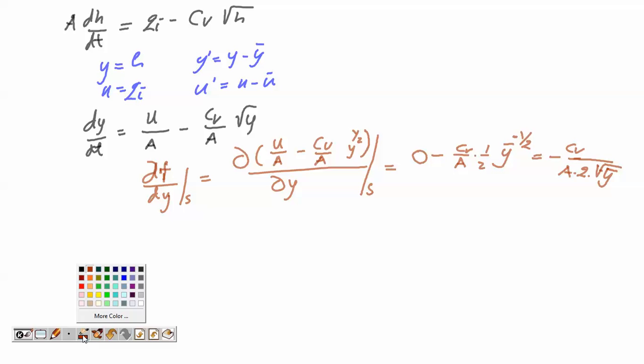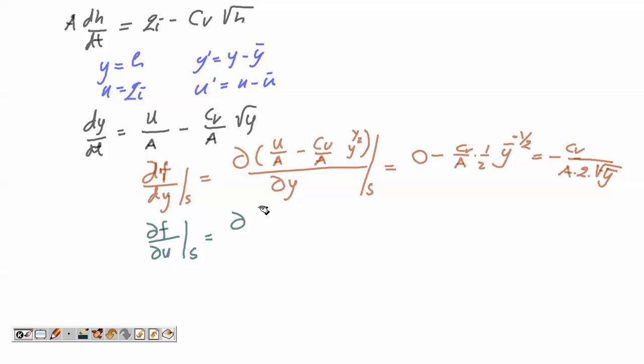And the second part, df with respect to du, the derivative of f with respect to u at steady state, meaning the derivative of this equation Cv over A y to the power half with respect to u at steady state.